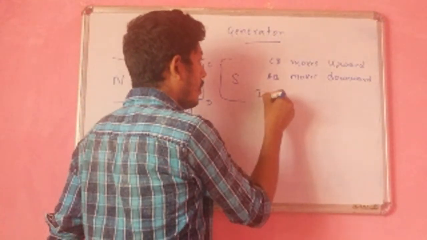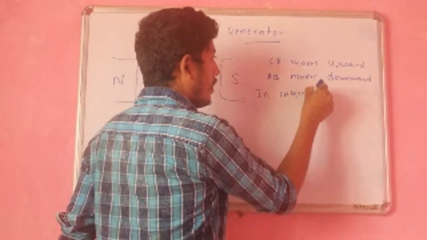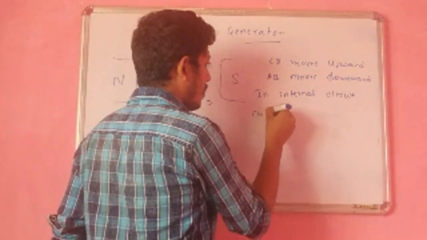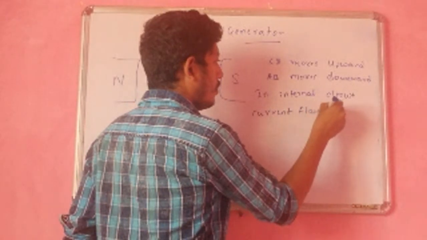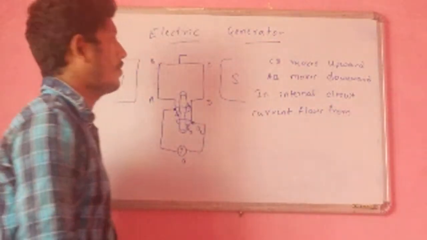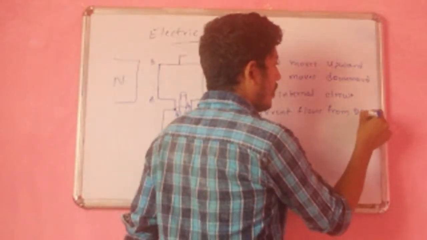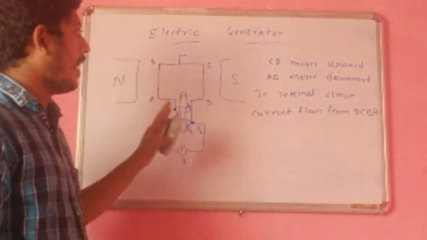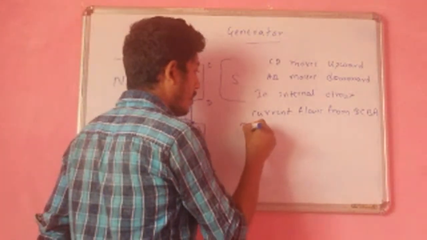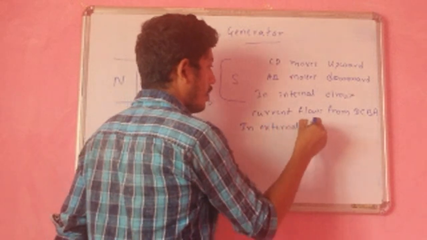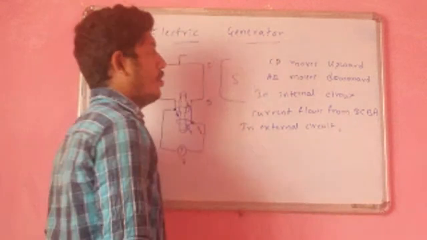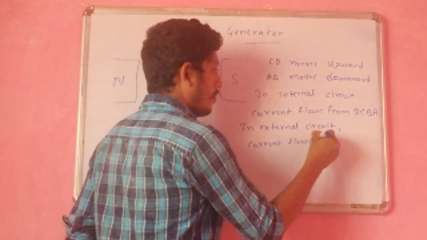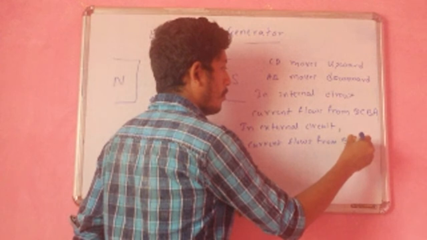In the internal circuit, the current flows in the DCBA direction, and in the external circuit, current flows from B1 to B2.